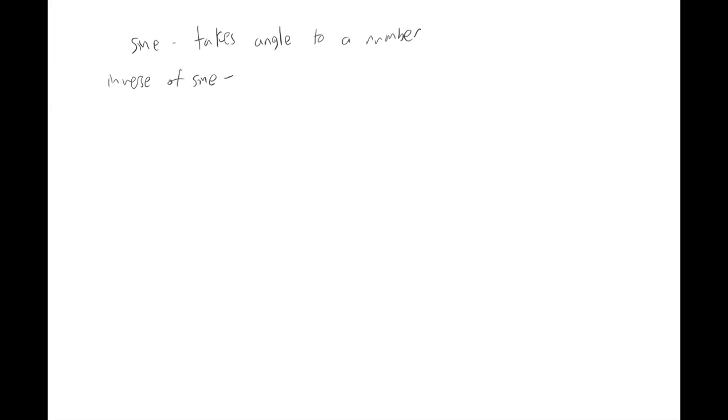Think of what inverse functions do. If a function takes x to y, the inverse takes y to x. So inverse of sine should take a number to an angle. It's the same as natural log, you're doing the same exact thing.